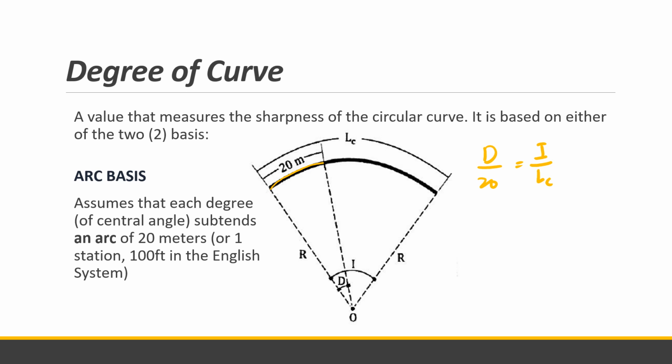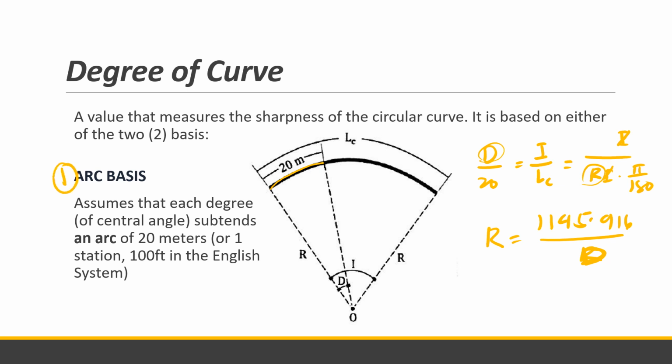Say if that is our simple curve, where length of curve is equals to R I times pi over 180, so yung kanina. So magka-cancel out yung I. So ang matitirang na variable is D and yung radius. So solving radius in terms of D, that is 1145.916 over D. So yan yung degree of curve using arc basis.